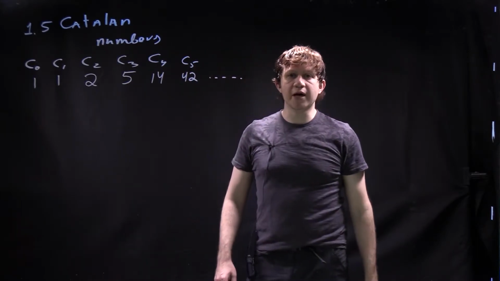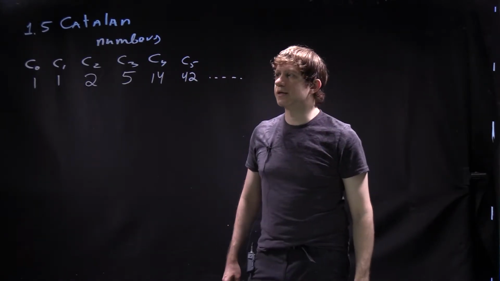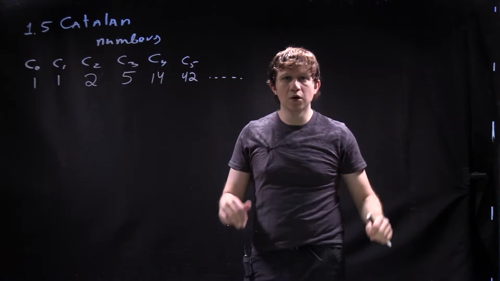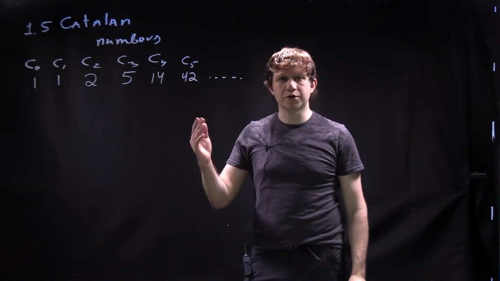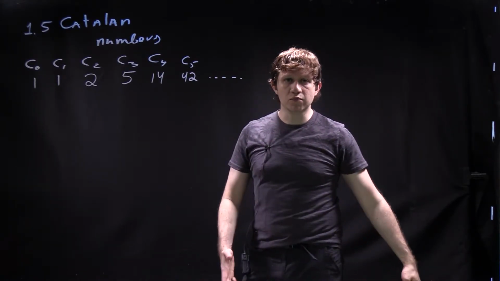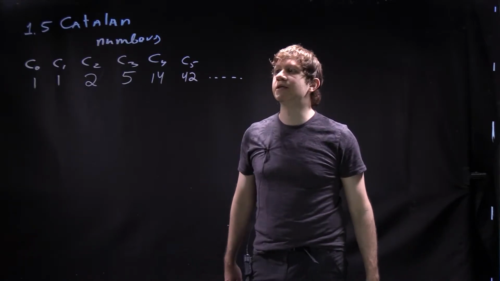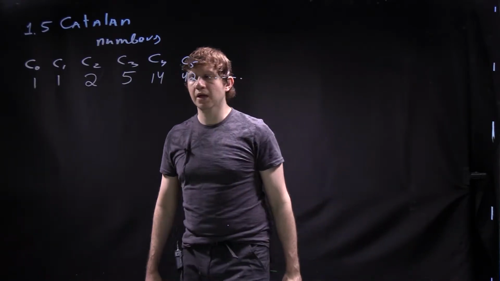It appears in many problems in mathematics, and I want to discuss a few of their incarnations today. In the next two lectures, we will discuss an explicit formula for these numbers.